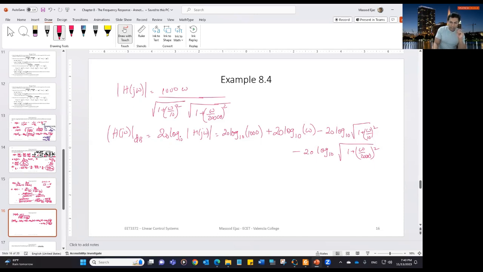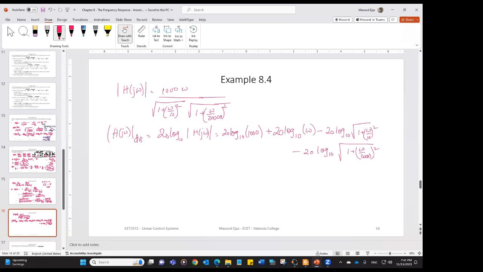When you apply the log function, remember, if you have a product, it becomes addition. If you have division, it becomes subtraction. That's a good thing about taking log, because the whole thing becomes addition or subtraction. So you go 20 log of 10,000, then the product becomes addition, 20 log of omega, and the denominator becomes subtraction, minus 20 log of this factor, minus 20 log of this factor.